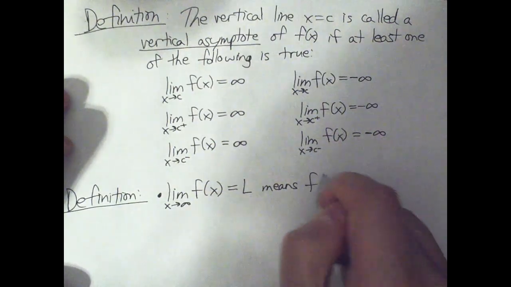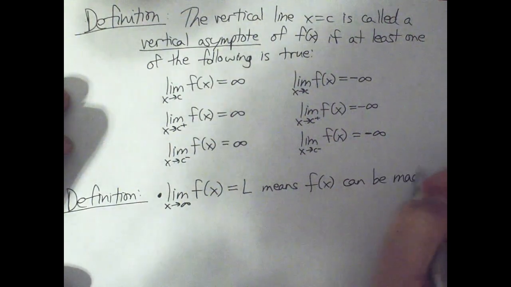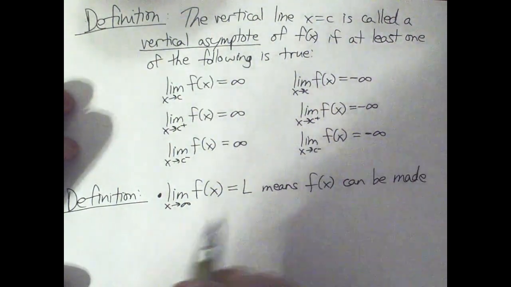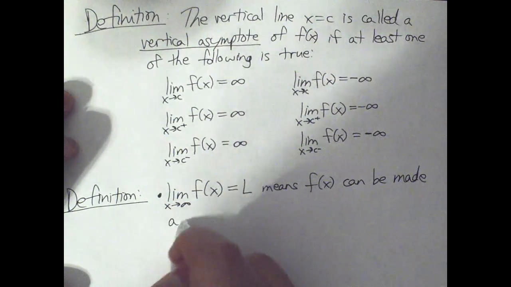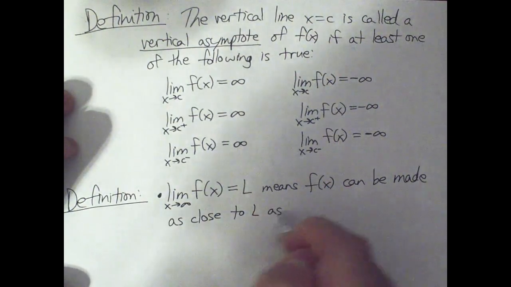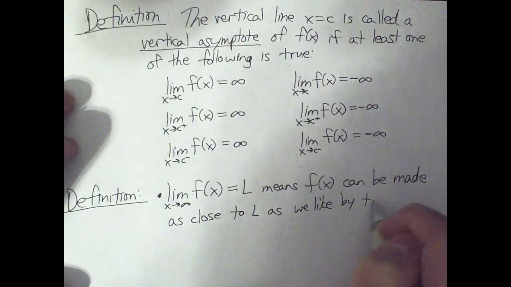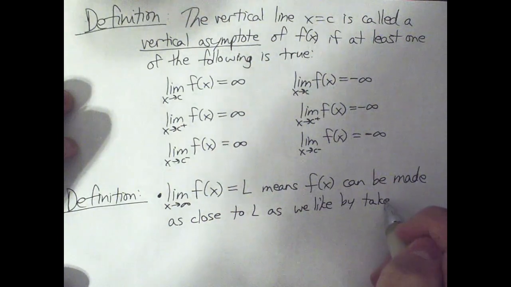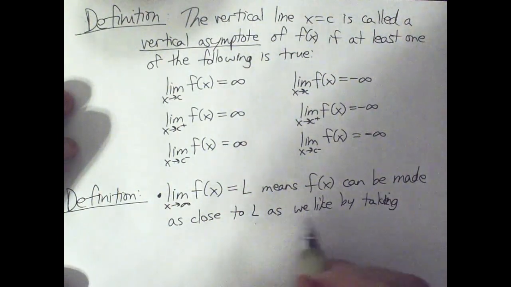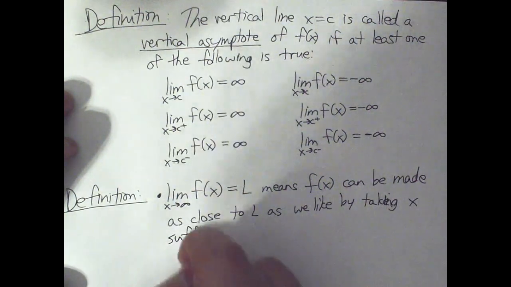So this means f of x can be made as close to L as we like by taking x sufficiently large.